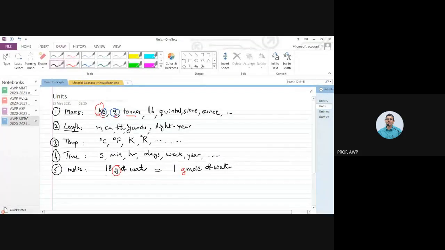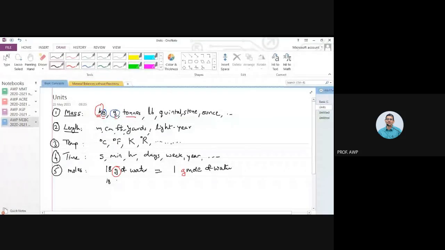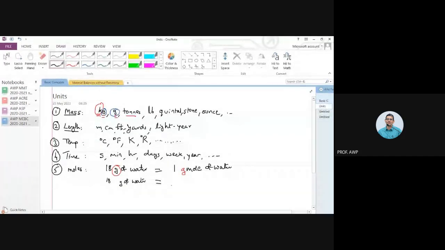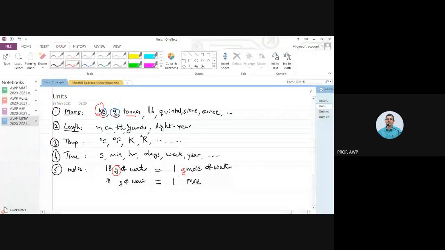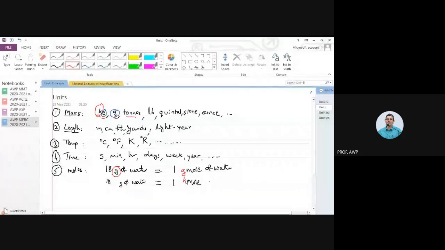If I have, let's say, 18 kilograms of water, I can say it is 1 mole, but that mole is now a kilomole of water.